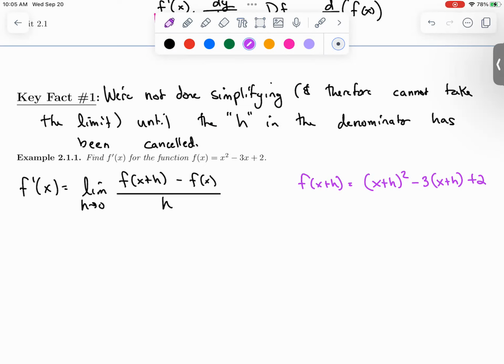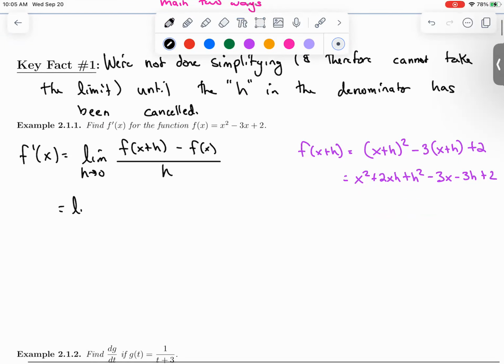But I'm going to FOIL it out and get x squared plus 2xh plus h squared minus 3x minus 3h plus 2. When we FOIL it out, that's what we should get. So now I've found f of x plus h. So I'll plug that in for the first piece of the numerator, and then I'll subtract off f of x.